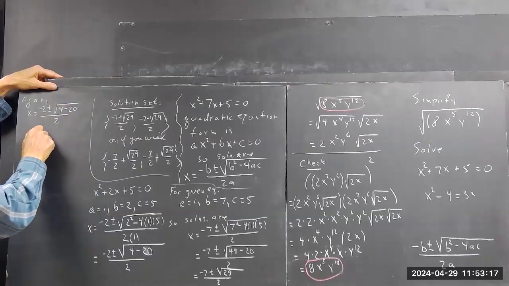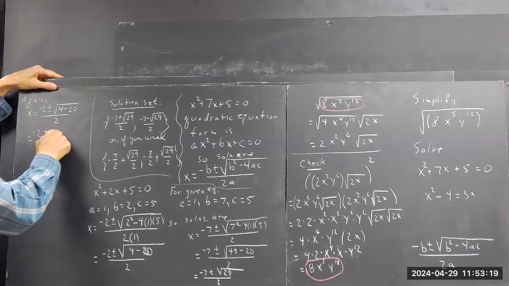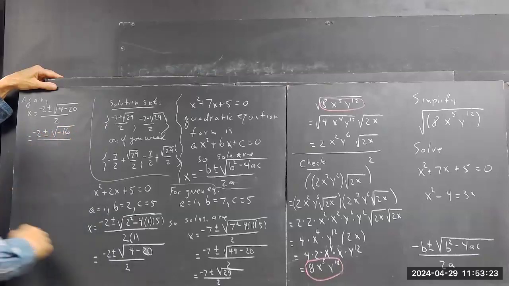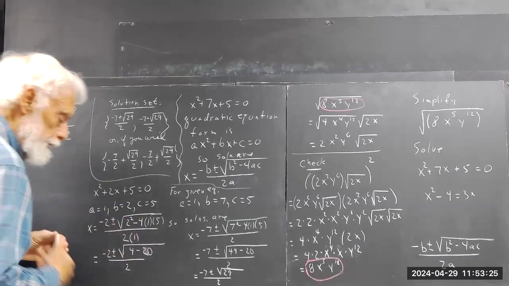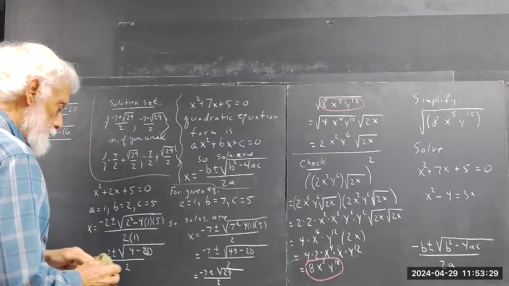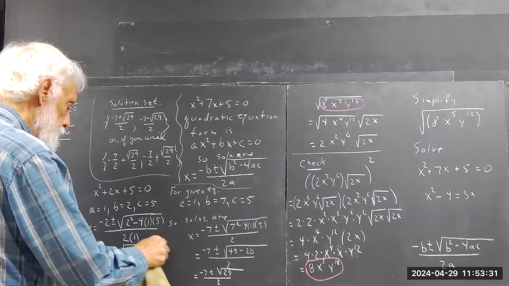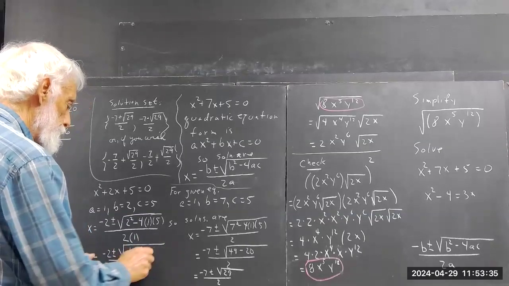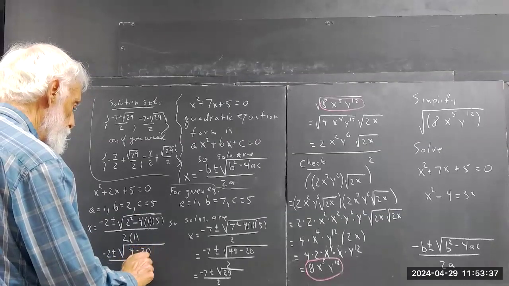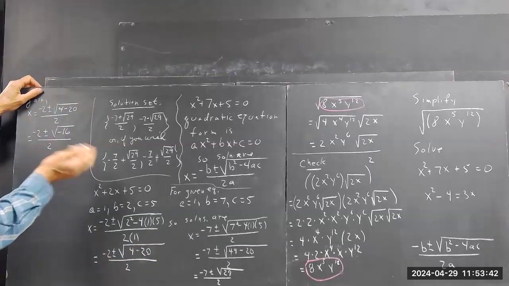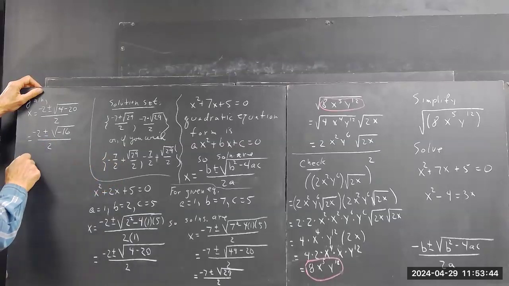Okay, well, that's negative 2 plus or minus the square root of, here's my negative 16. I just wanted to write that down here where you can see it. So we got that. Now what are we going to do with that?